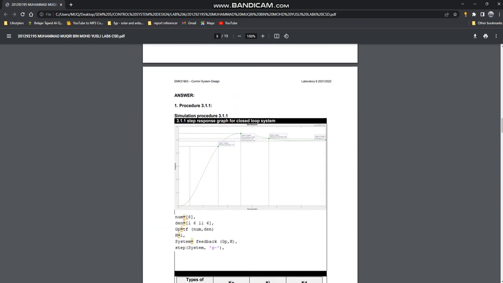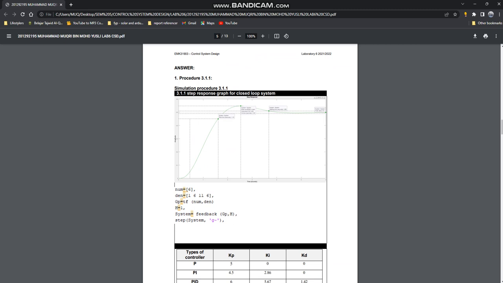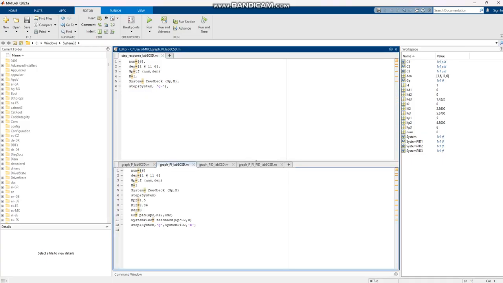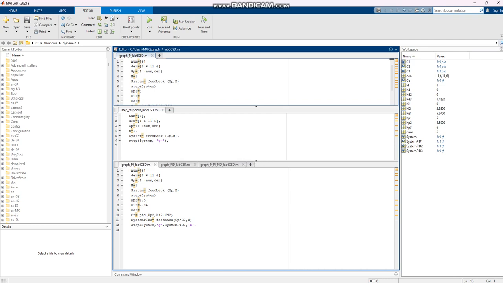So let's look at how we produce the graph. This is the simulation. If we want to get the transfer function, and the graph, let's look at graph number 1, which is the step response.